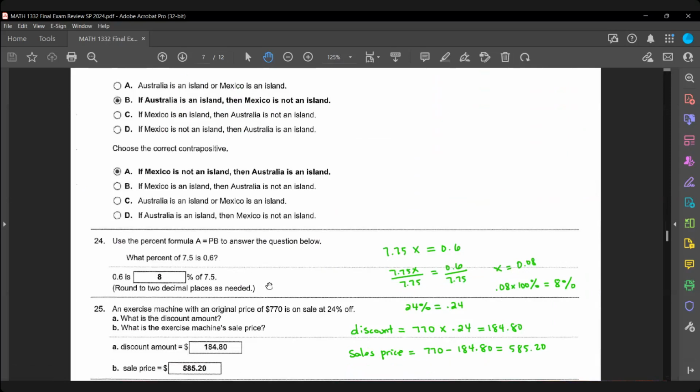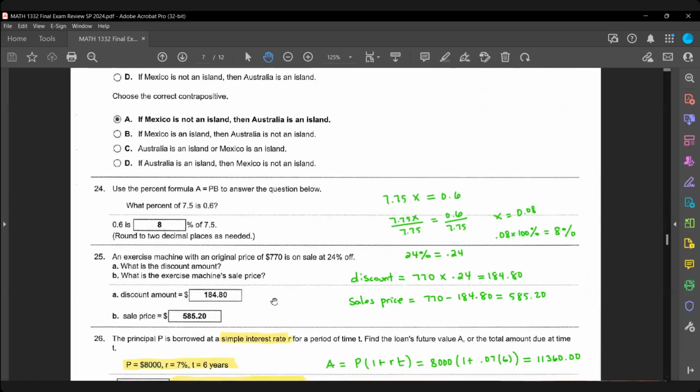All right, moving on to 25. It wants to find the discount amount and then the sales price. So in this particular example, there is something whose original price is 770 and is on sale for 24% off. Notice that in this case, 24% is equivalent to 0.24.